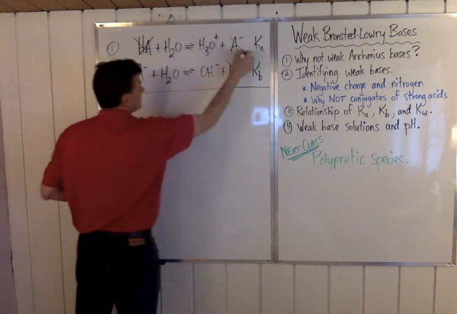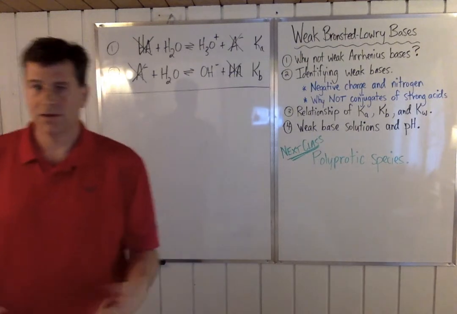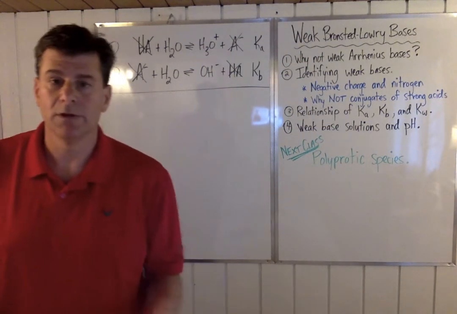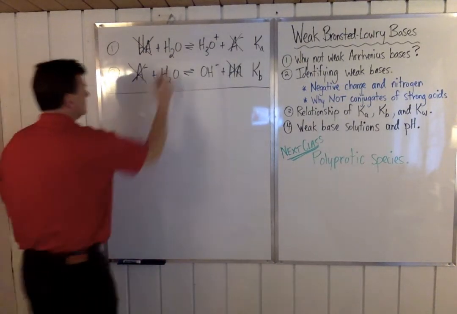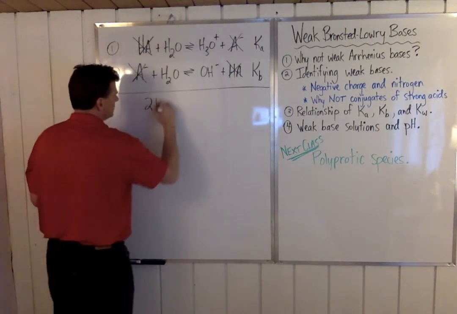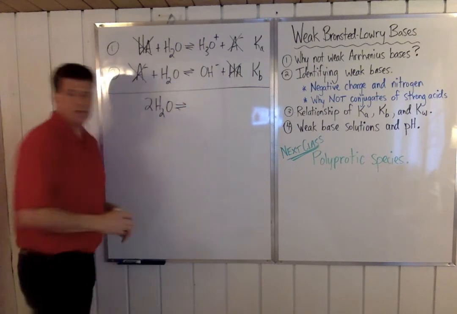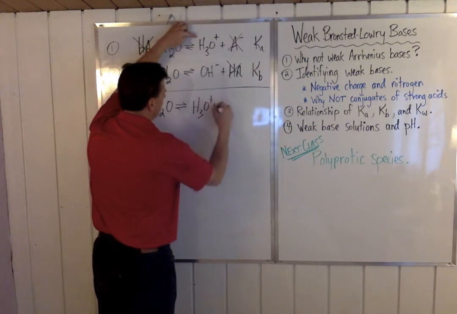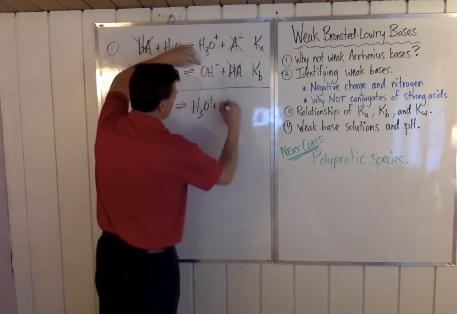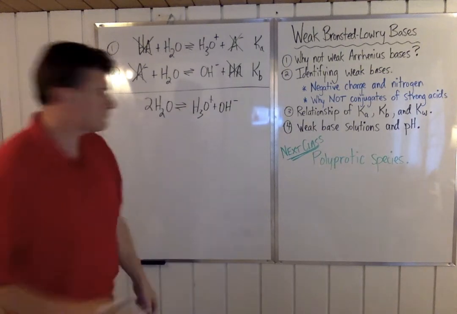This A minus cancels that A minus. Anything else cancel? No. Now you add both sides, and you get 2 waters in equilibrium with hydronium plus hydroxide. And everything else has canceled.